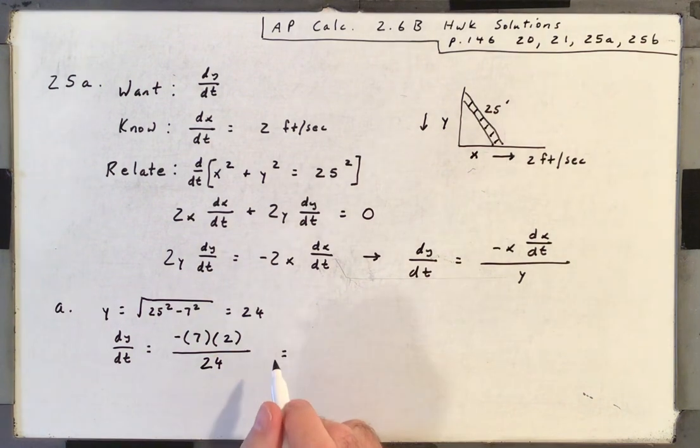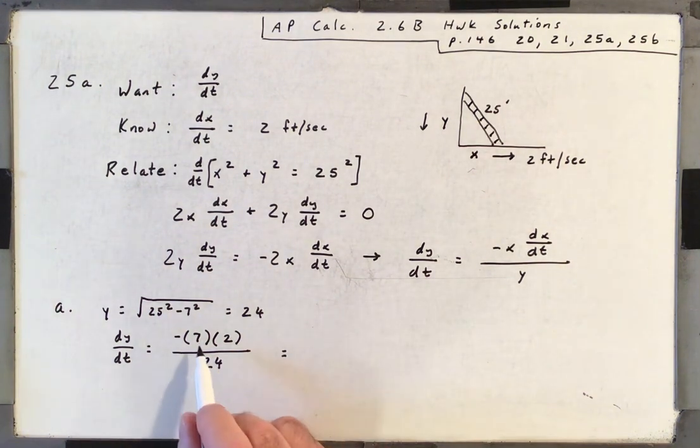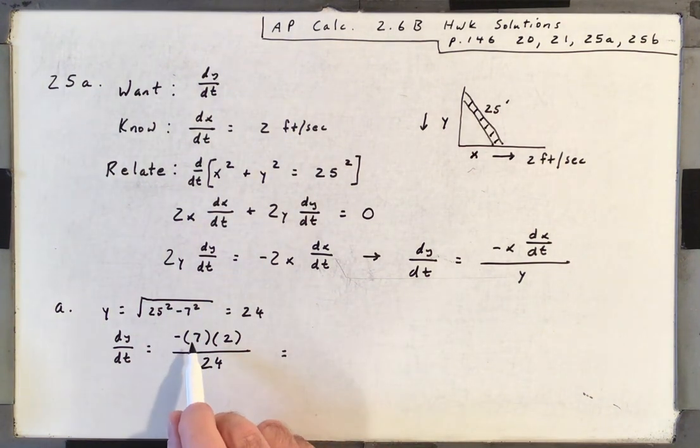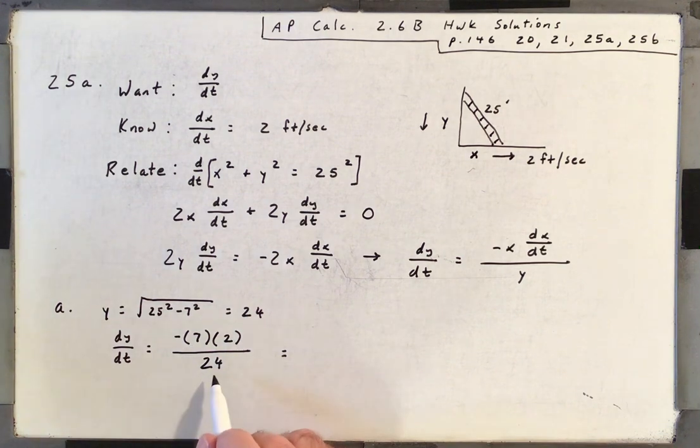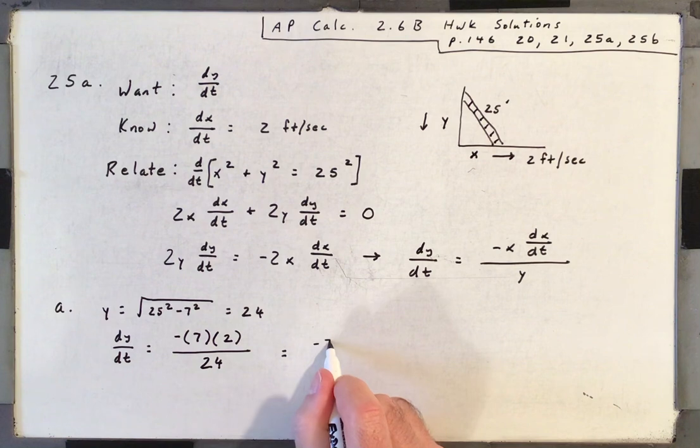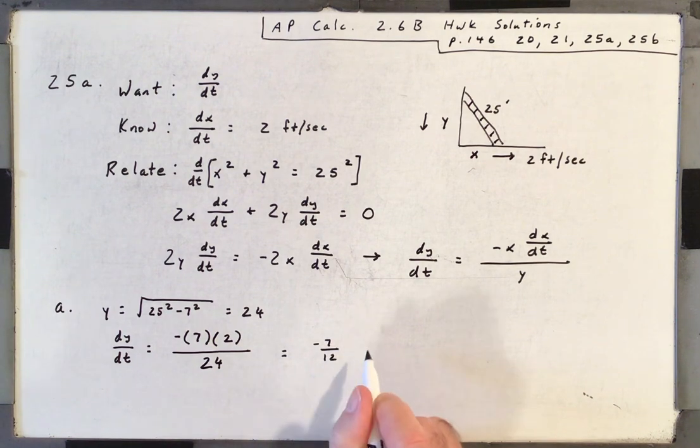Let's make sure you get your units right. If you need to write your units out, go ahead and do that. It'd be feet times feet per second over feet. That is going to be negative 7/12. And if you did that decimal wise, that's fine. Feet per second.